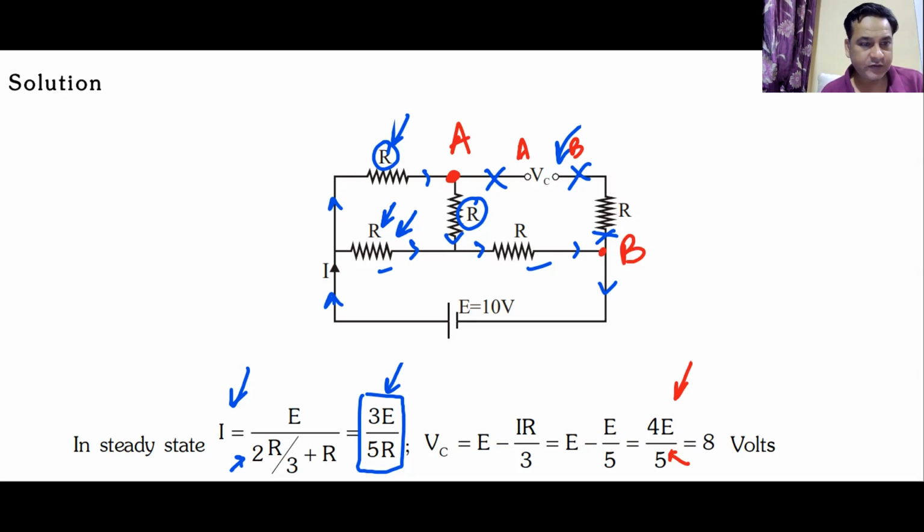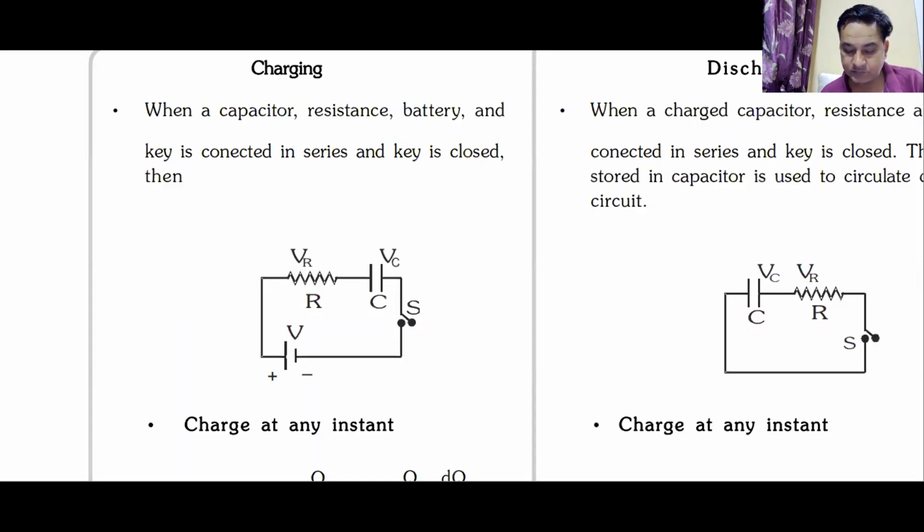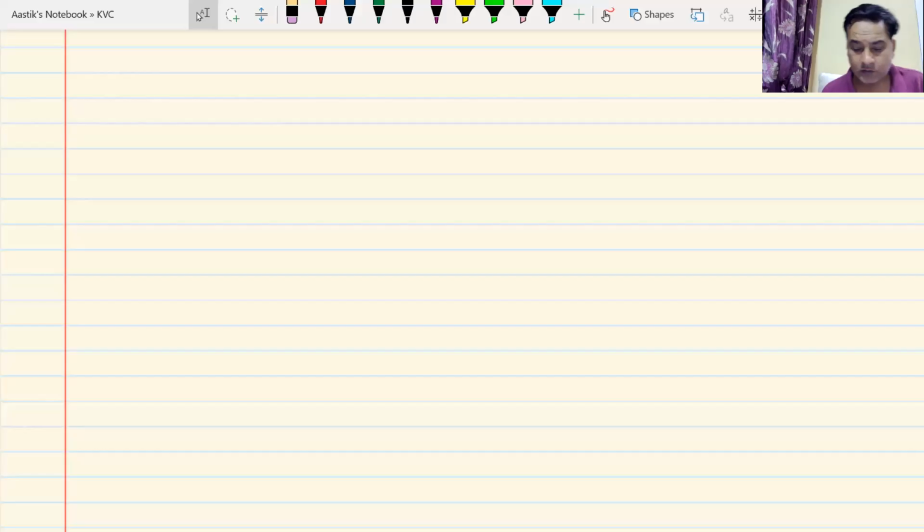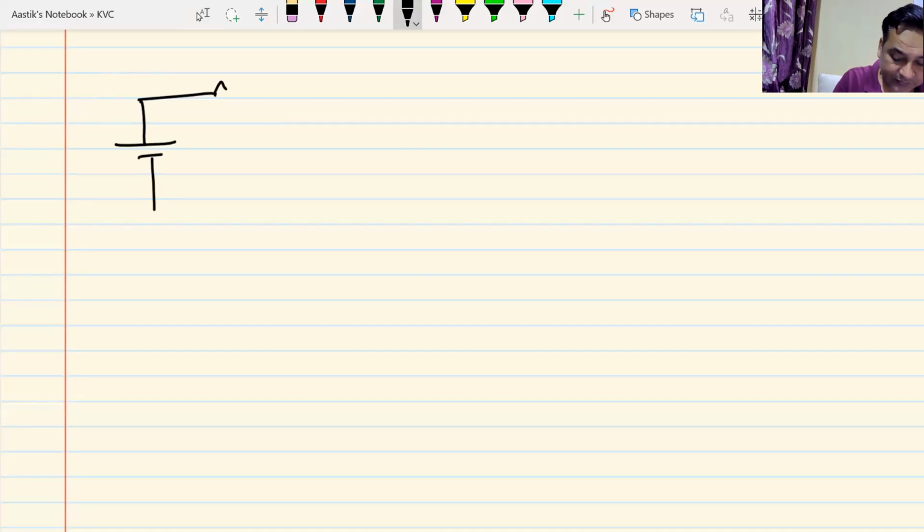I will get you a problem on this. So you do this one to find the charge on the capacitor.